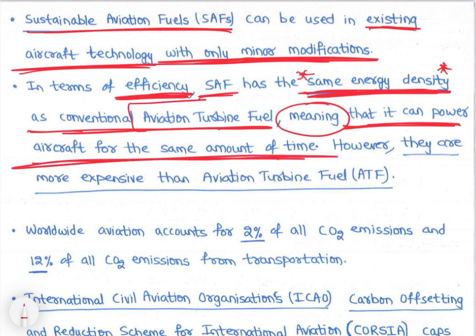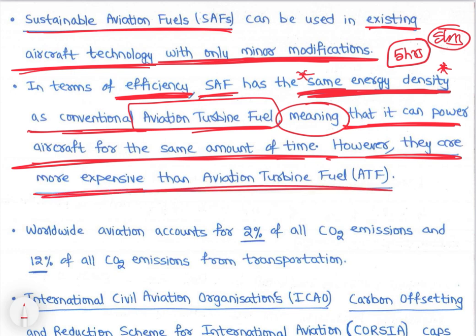Suppose an aeroplane can stay in the air for 5 hours with aviation turbine fuel; with sustainable aviation fuel also it can stay for 5 hours, right? However, they are more expensive than aviation turbine fuel. If it were less expensive, we would have changed completely by now, right?